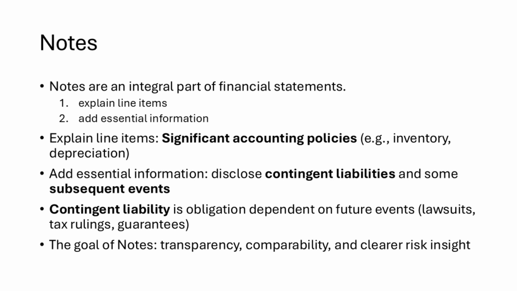If a loss is probable and reasonably estimable, the company must accrue a liability and expense and typically describe the matter in a note. If a loss is reasonably possible but not probable, the company must disclose the nature and, if feasible, the range of loss.